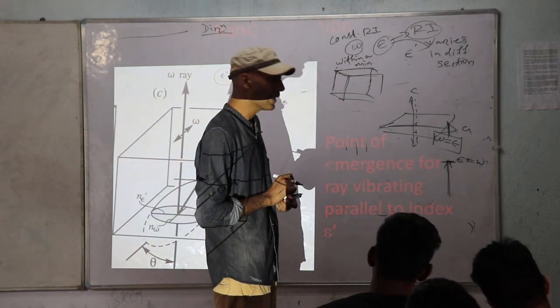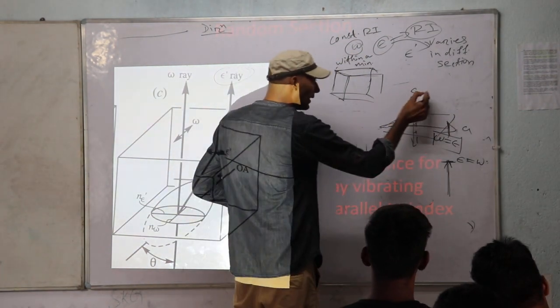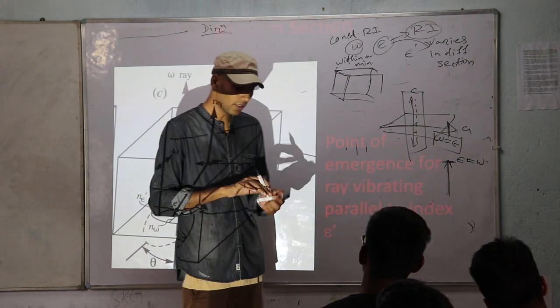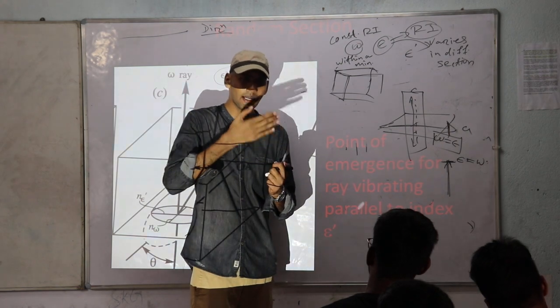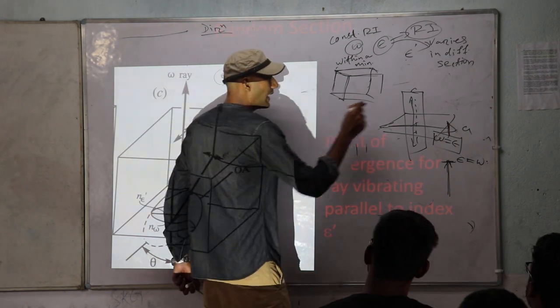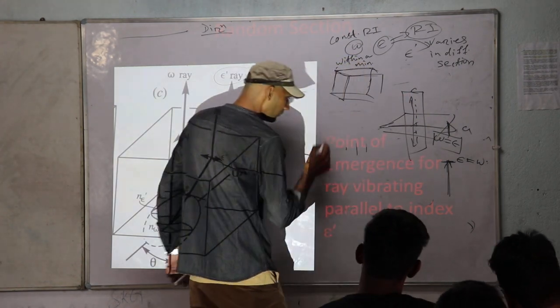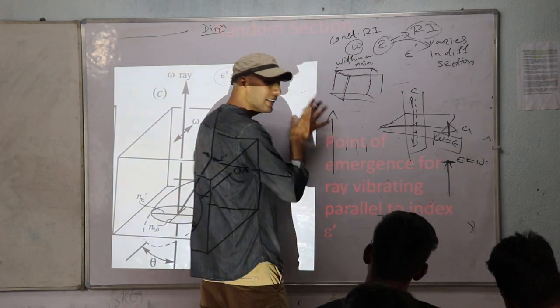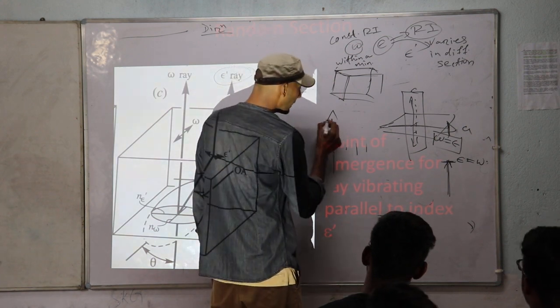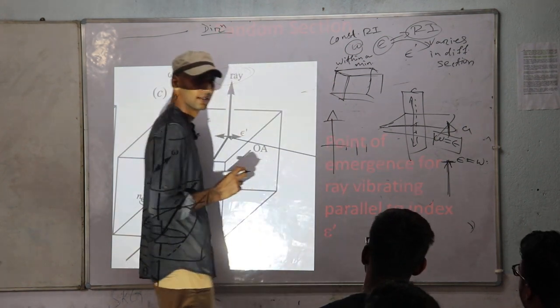In principal section what happens? Whenever you are taking this section, as I have told you, if this is C, you are taking either AC or BC. If you are taking that section, the rays will migrate in the same path, but you are getting them at different distances.